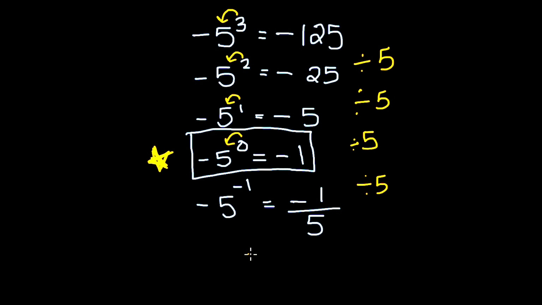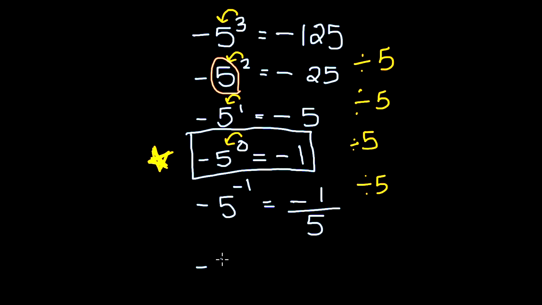Do you know why we're only dividing by 5? Yeah, because our base is actually just 5. That negative sign's chilling on the outside, but our real base is just 5. That's why the pattern looks like this.